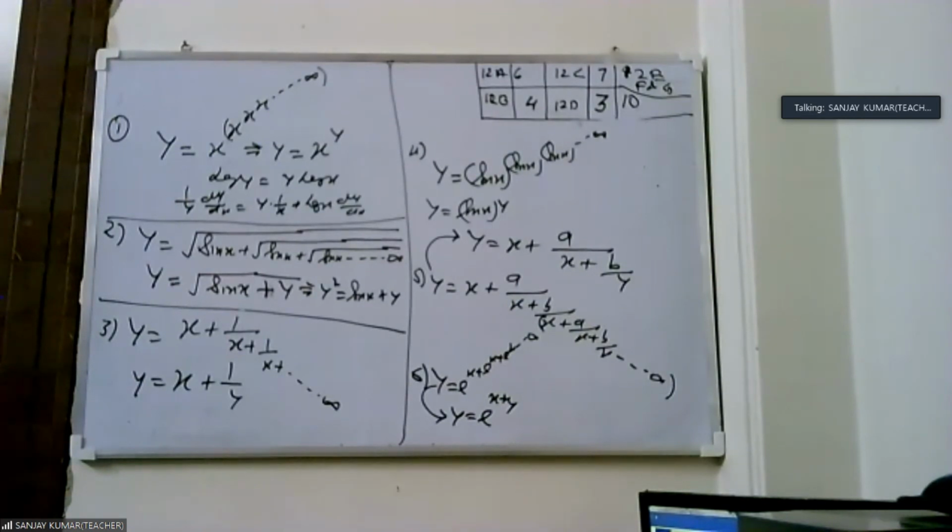One answer from 12th A, Siddhant. Siddhant has given the answer. Yes, good beta, the answer is right. No need to put the values of y. Harshit June has also given the answer.